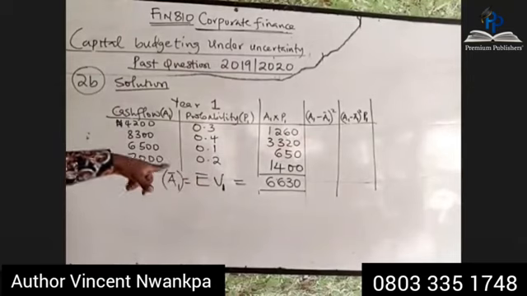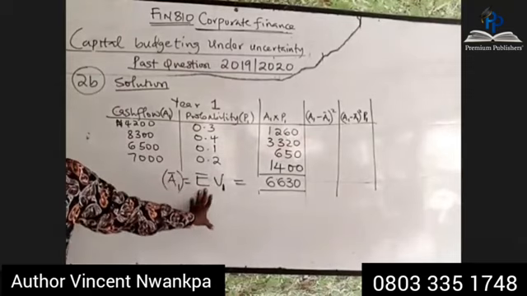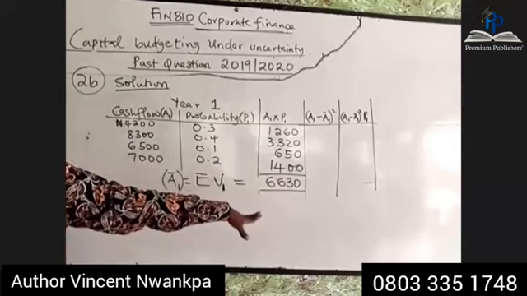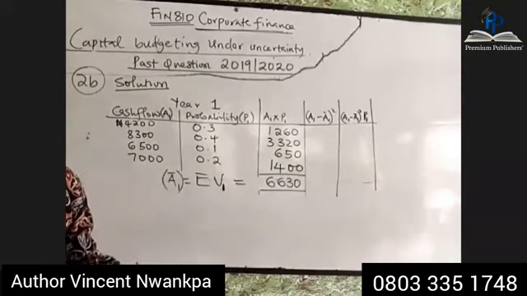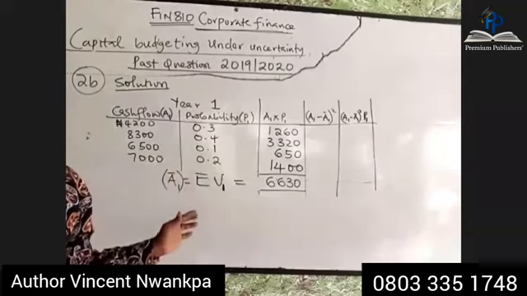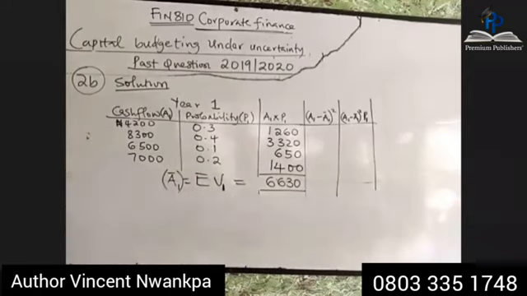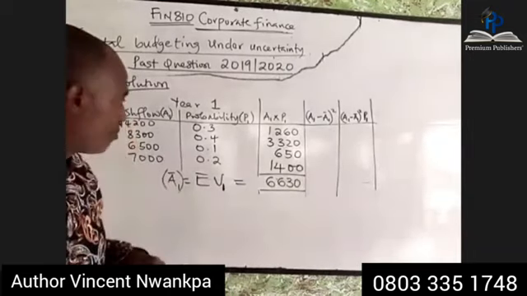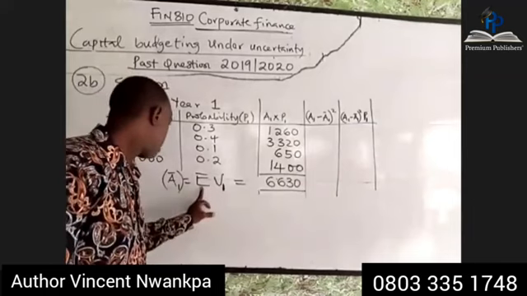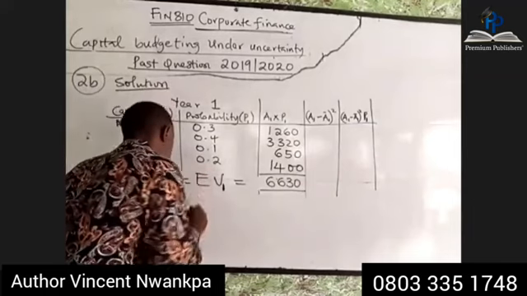So that we can get the variance. Because we have gotten the expected value, we also need to get the variance. We also do that in year 2 and year 3 before we get our real answer, because our real answer is the expected value of net present value. That's one part. This is the expected value.